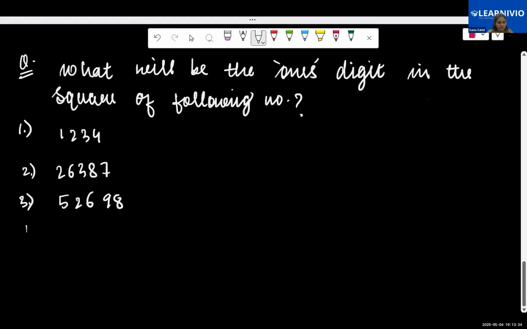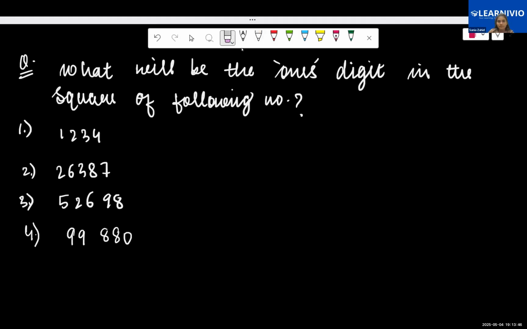The fourth one is 9980. The fifth one is 21. Triple two and 9106. Okay, so what will be the units place on squaring these numbers?